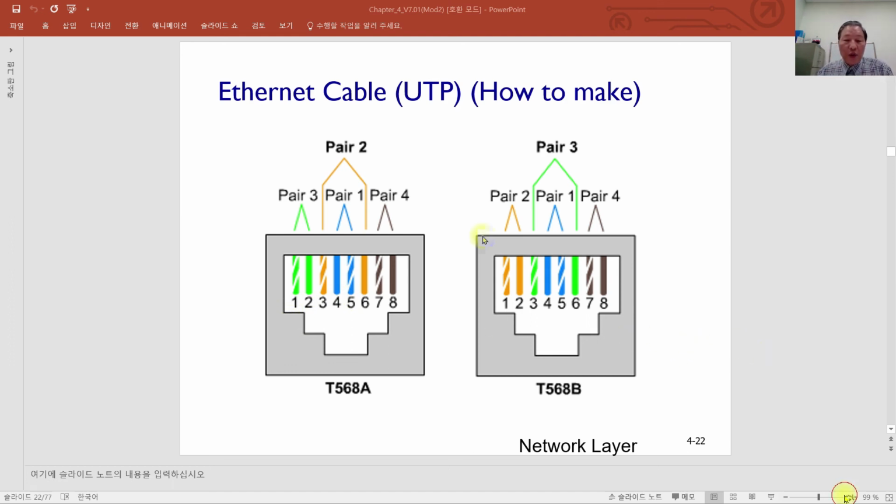In the next lecture, we learn about the Ethernet cable called UTP, unshielded twisted pair, and how to make it. This is the RJ45 connector.